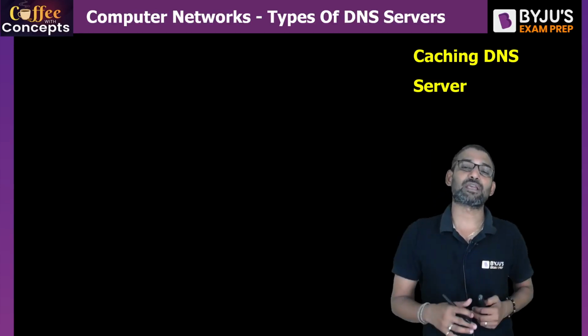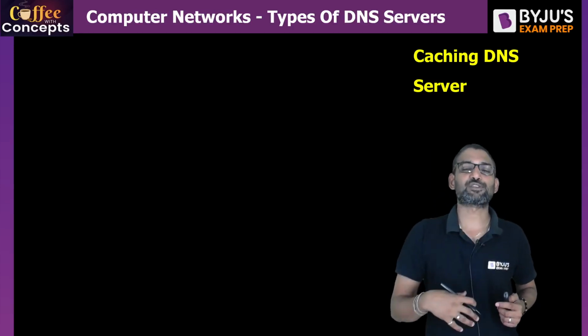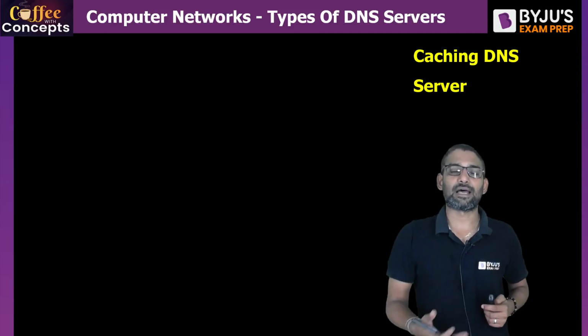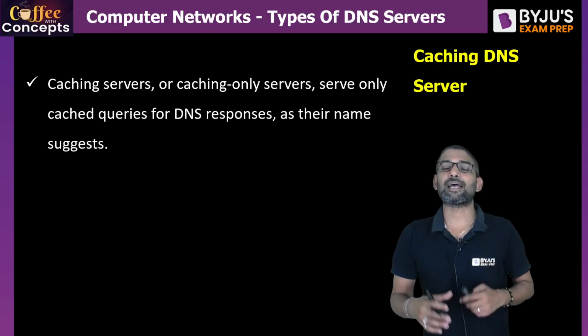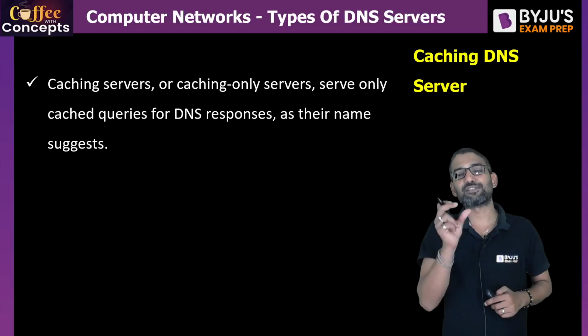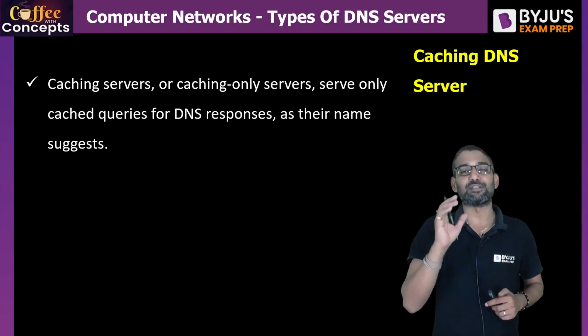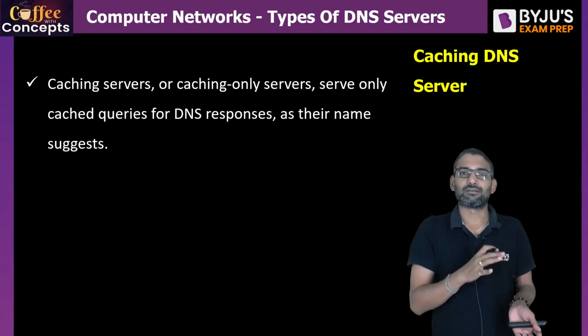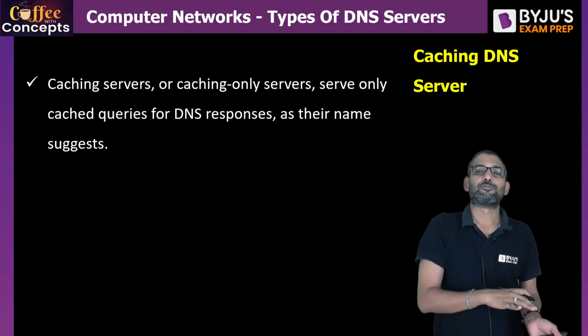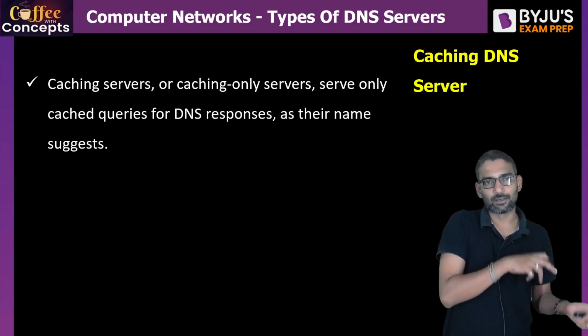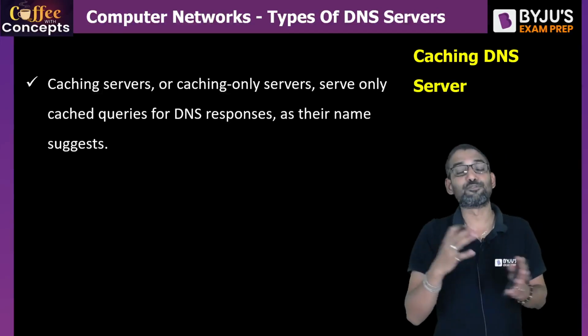For time saving purposes, so that extraction happens in less time, there is the caching DNS server. Caching itself says prefetching, like for packet switching we say store and forward.